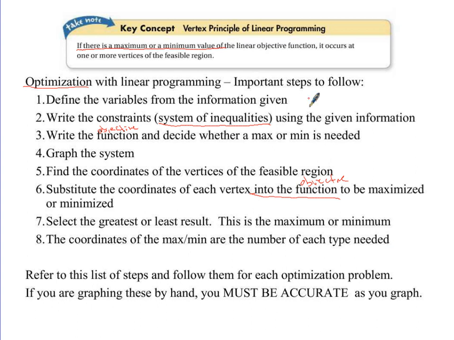This probably doesn't make a whole lot of sense to you right now, just because you haven't seen any problems done. But once you see a problem done, you'll understand why all these steps are here. So this is kind of for your reference. If you're graphing by hand, you must be accurate as you graph. So be very careful.